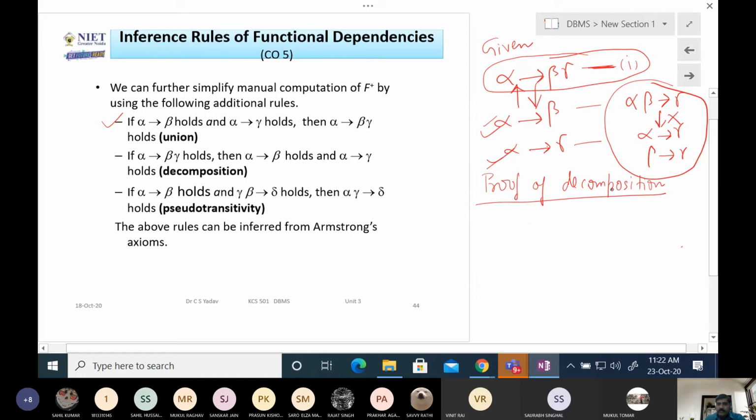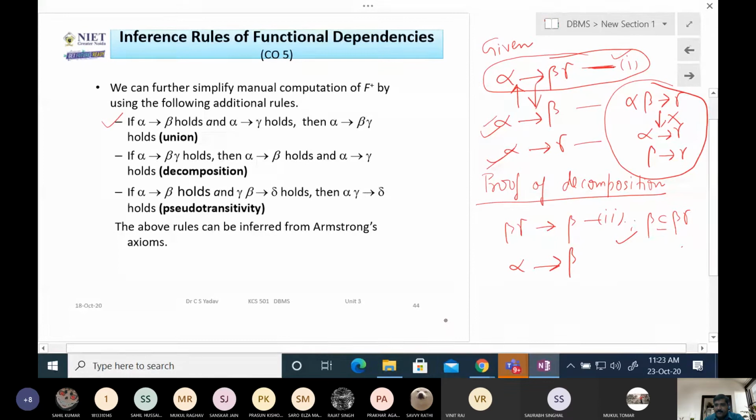As you all know, through the reflexivity rule we can write beta gamma determines beta. Why? Since beta is a subset of or equal to beta gamma. This is equation 2. Then see equation 1 and equation 2. Through the transitive rule, we can write alpha determines beta. Did you get it?